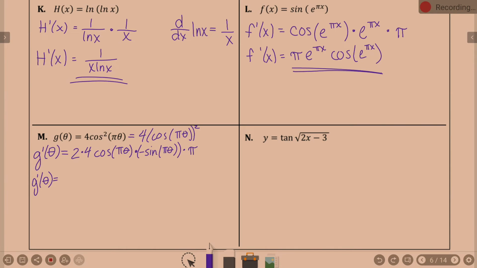What would you have out front? Negative 8 pi. Do you see it? There's a negative, there's a 2, and a 4, and a pi. So negative 8 pi cosine pi theta sine pi theta. At least I'm assuming I don't always check.